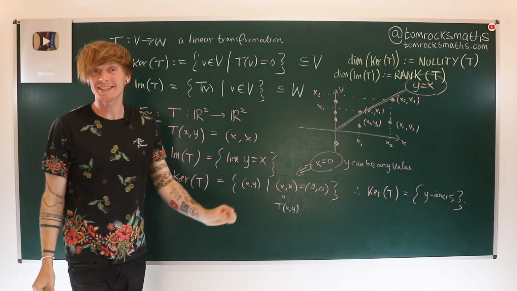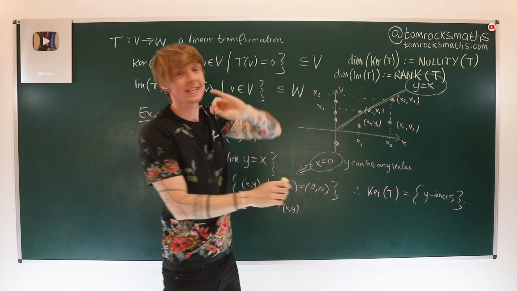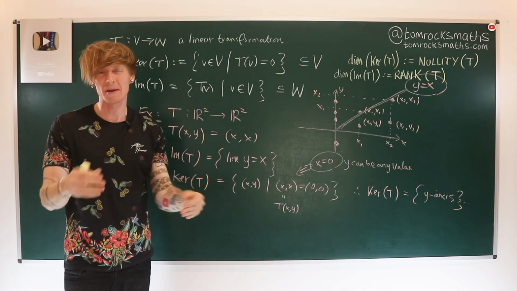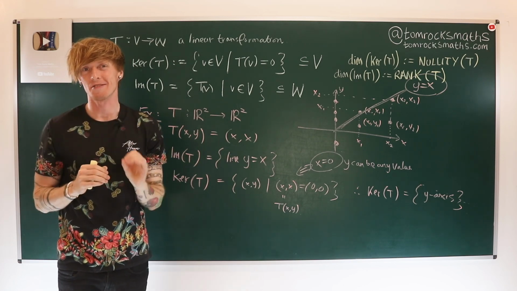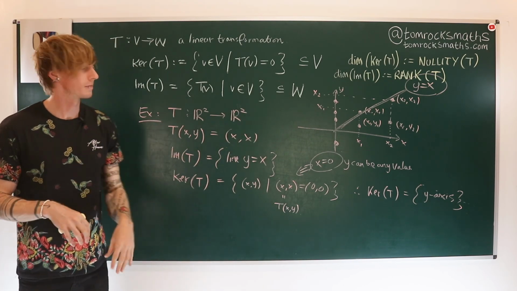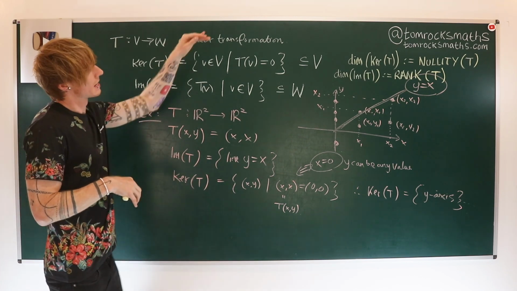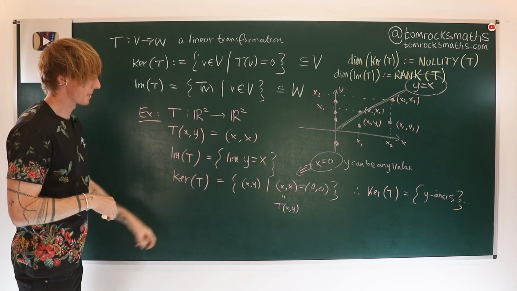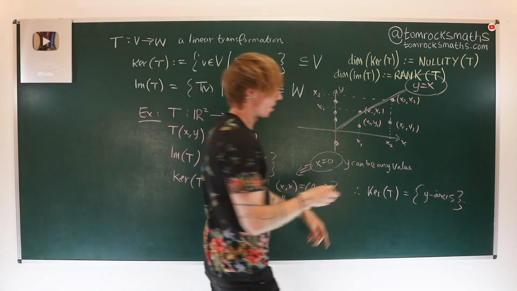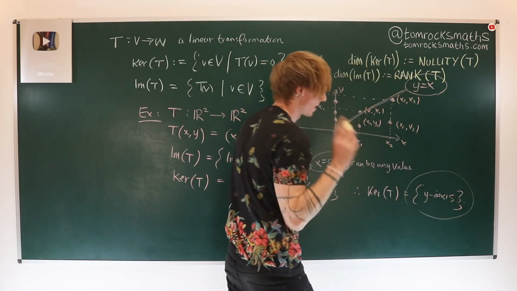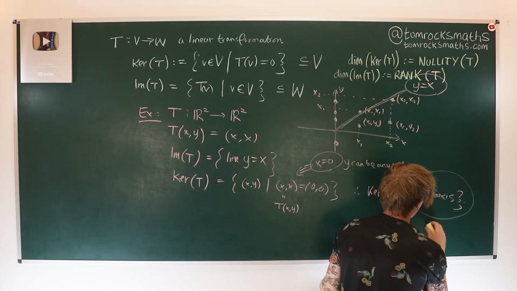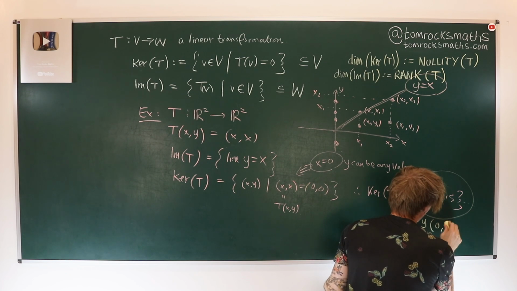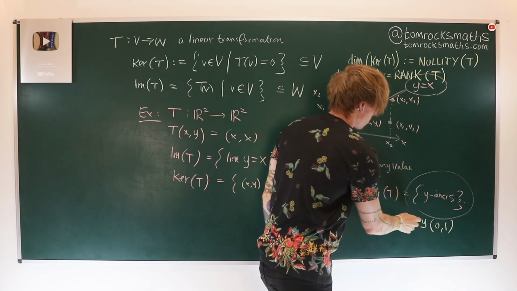And as you may have guessed, rank and nullity are exactly the two terms mentioned in the big theorem, the rank-nullity theorem. So in our example, we can say the dimension of the kernel, or the nullity of our map, is equal to the dimension of the y-axis. And if we think about a general point on the y-axis, it is just some number y multiplied by the vector (0, 1).